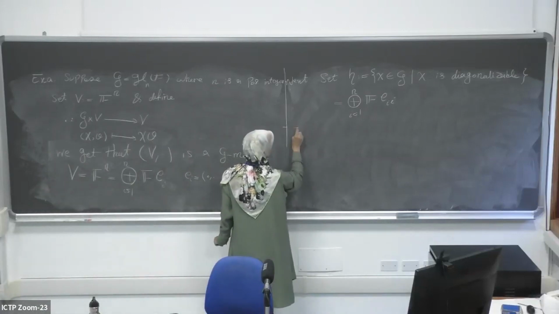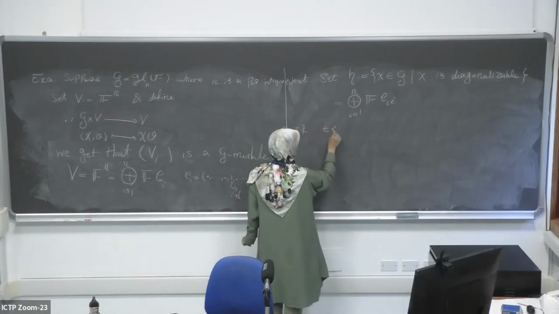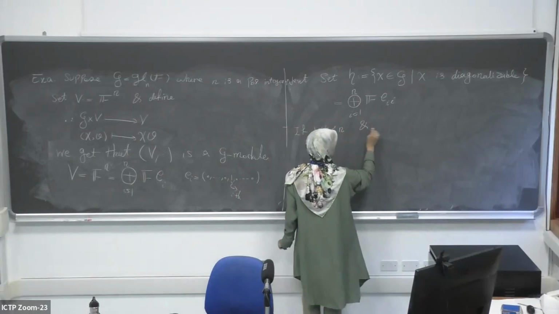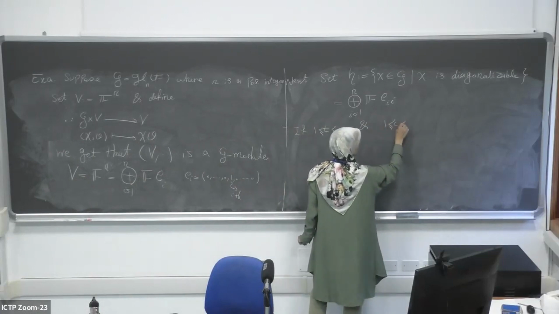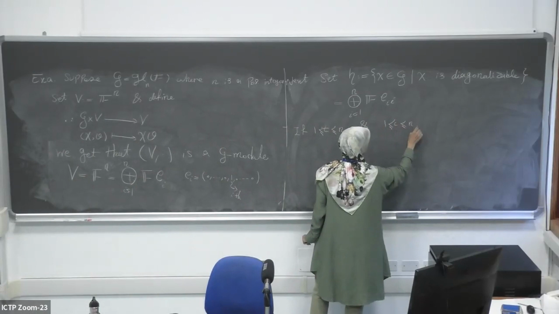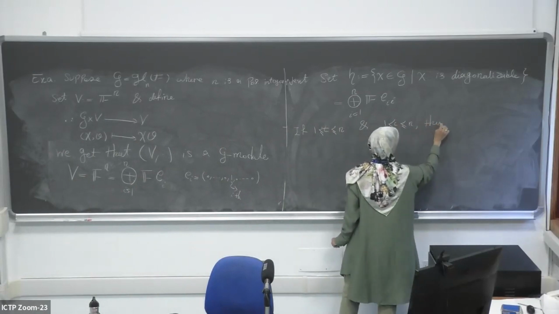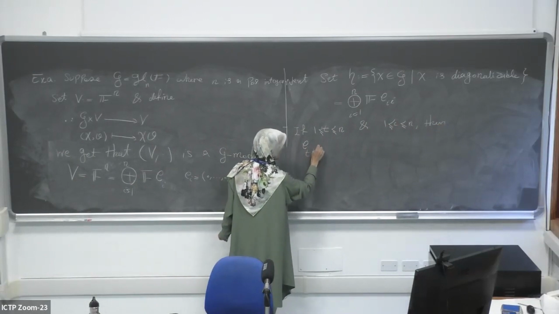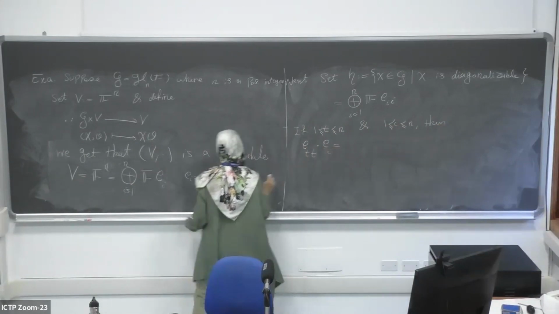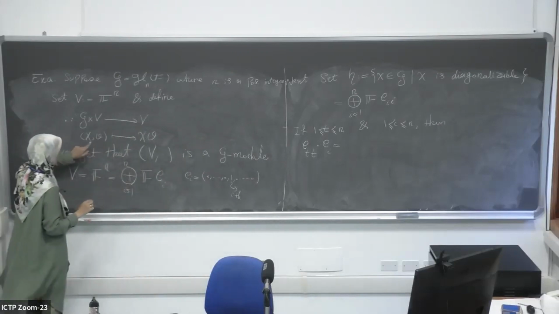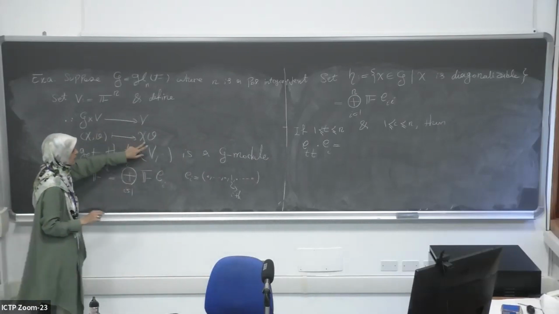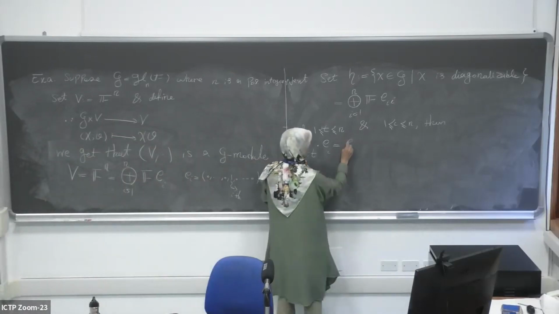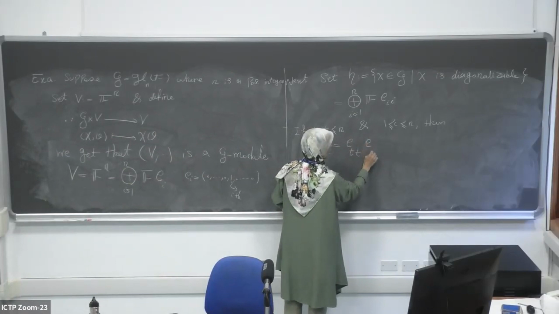Okay? And if t is an element between 1 and n, and also i is an element between 1 and n, then e_tt e_i, by the definition, XV is just the product of X and V. It is e_tt e_i.